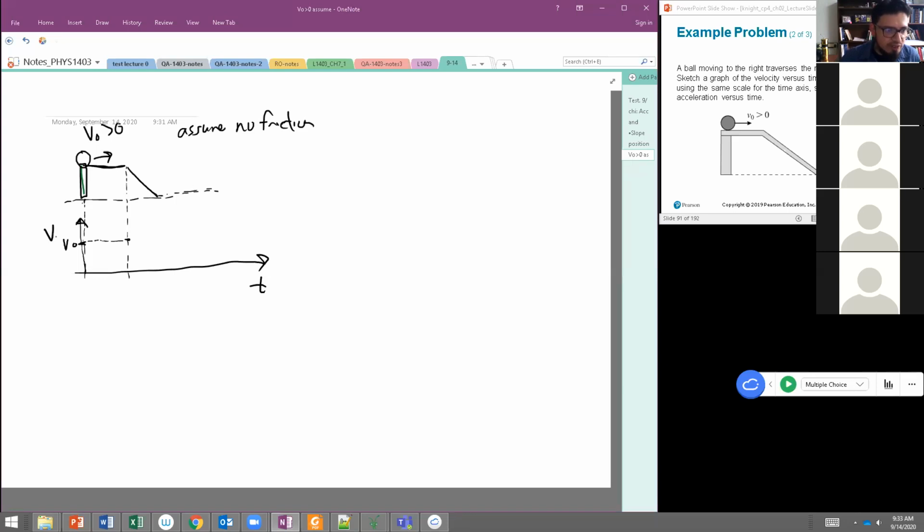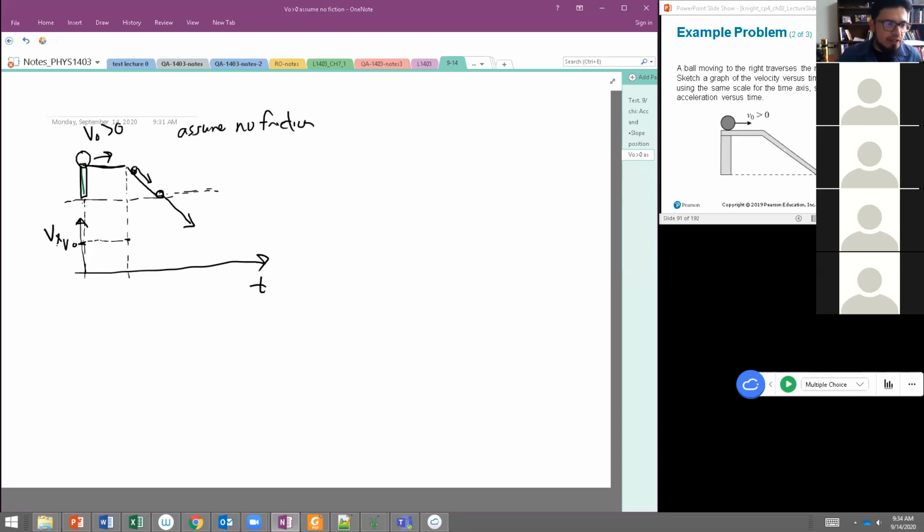And I should say this is velocity in the x direction, okay? So in this case, that's what we're plotting. So when we get to this point, we know the velocity is going to increase. By the time it gets to the bottom of the ramp, that velocity might be a much larger vector.